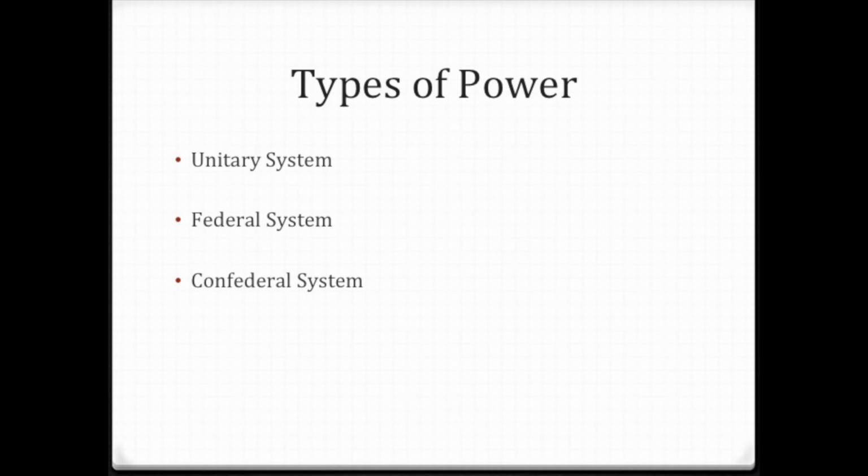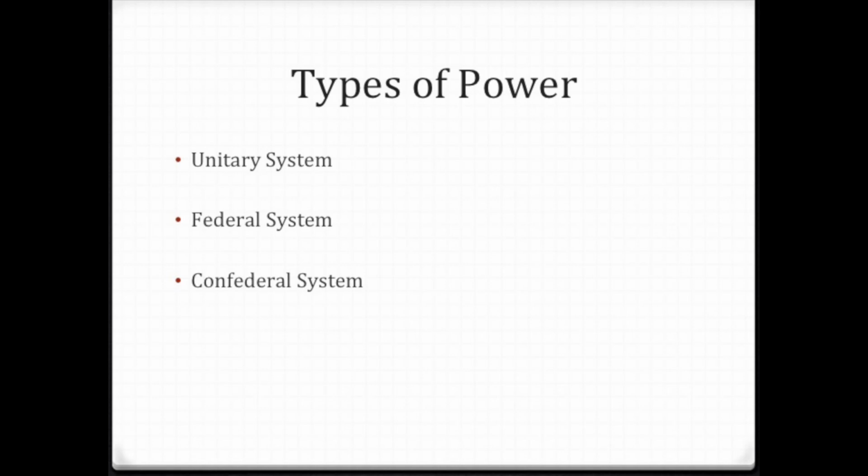Basically, the states have pretty much ceded their power to a central government. Central government then, of course, gives whatever power the states have. And the last one, of course, is confederal. Confederal is where the states have all the power and they give limited power to a central government. That's what you would have found under the Articles of Confederation, and federal system is what you would find today under the Constitution.